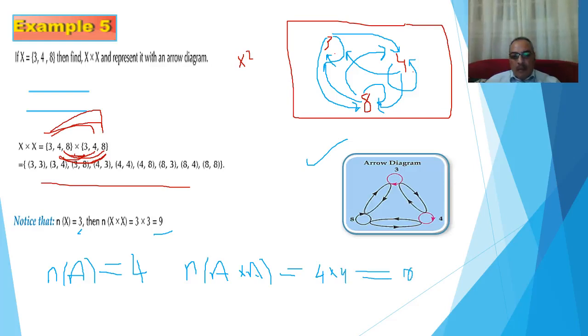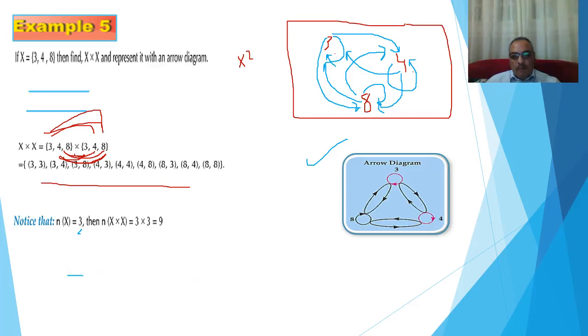And an example. If the number of elements of the product set X and Y is 12, right?